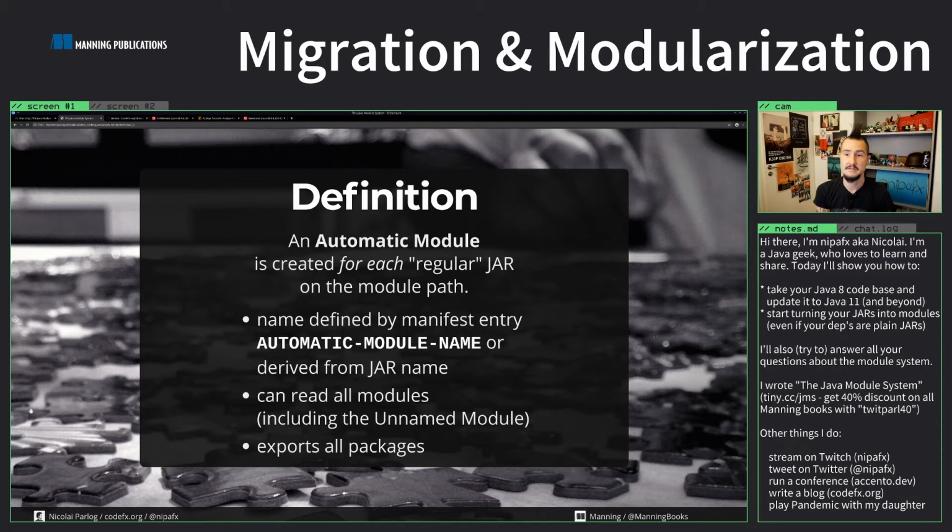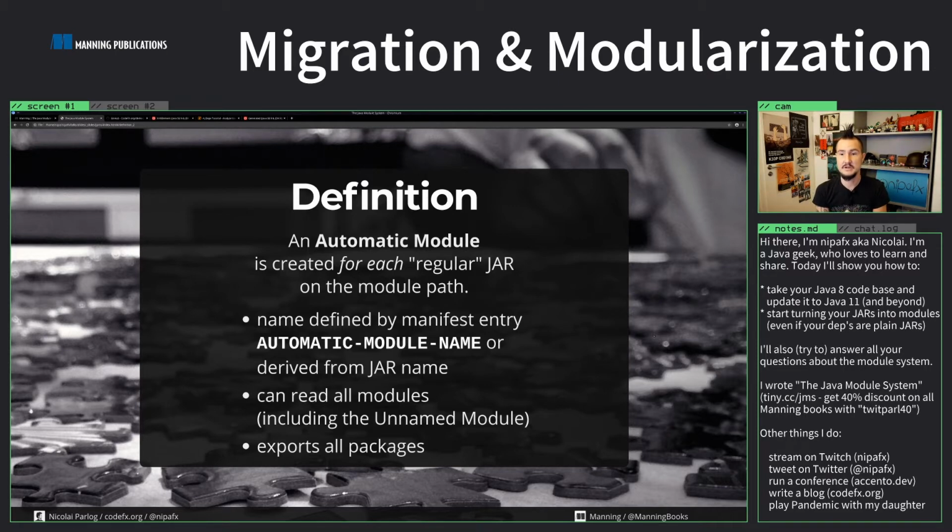And if you do that, then they get turned into an automatic module. That's important. Each of them does. All the jars on the class path end up in one unnamed module. Each plain jar on the module path gets turned into a single automatic module.